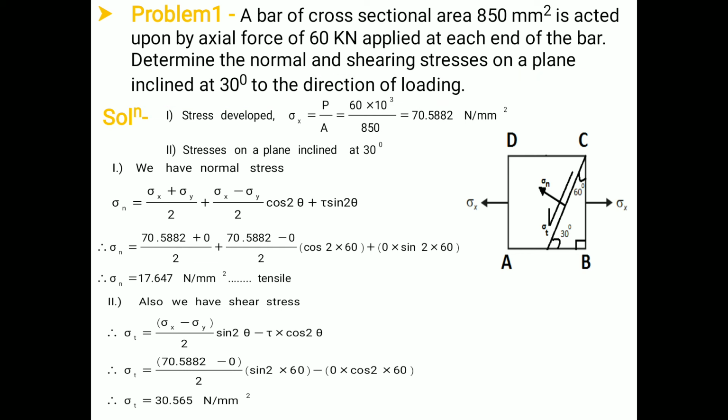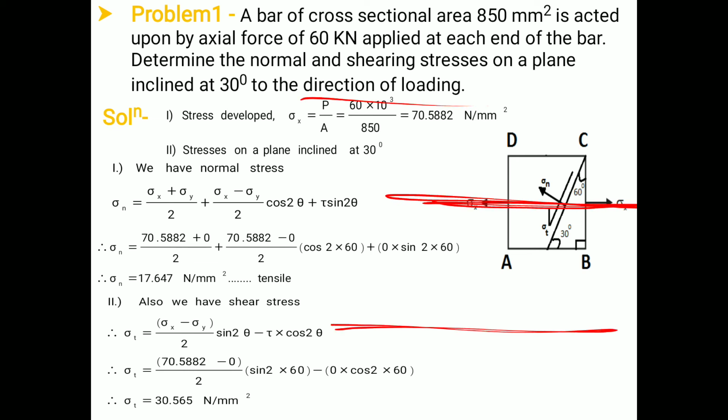So whatever the value of sigma n, that is normal stress, and the shear stress on an oblique plane we have calculated or derived, that is for the case of the angle which is made with the vertical face of the member. Okay, so in this given statement the angle is with respect to direction of loading.